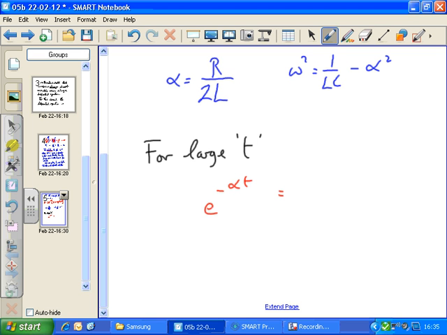Yes, but in terms of indices, 1 over e to the alpha t. As t gets very large, what's going to happen to 1 over e to the alpha t? If you get smaller and smaller, I heard someone say yes, and approach 0. So this 1 over e to the alpha t tends towards 0 for large values of t.